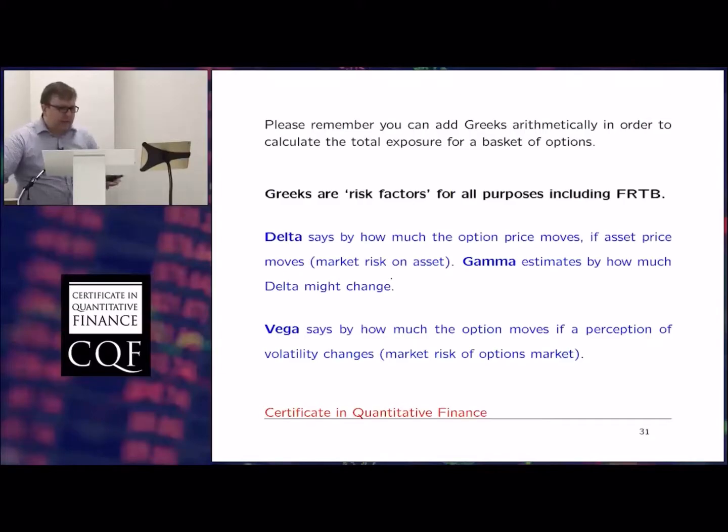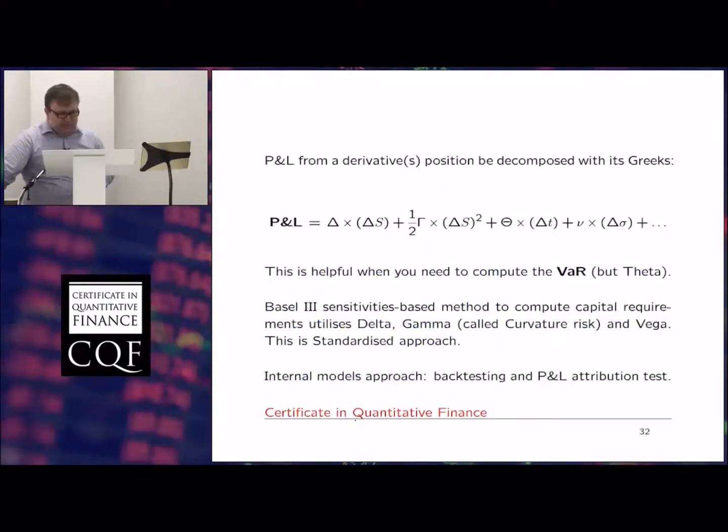So the delta risk is by how much the option price moves if the asset moves, the gamma is the change in delta, and the vega is the change in response to the implied vol change. The only slight difference is that Basel calls gamma a curvature risk, and vega is called the vega risk.